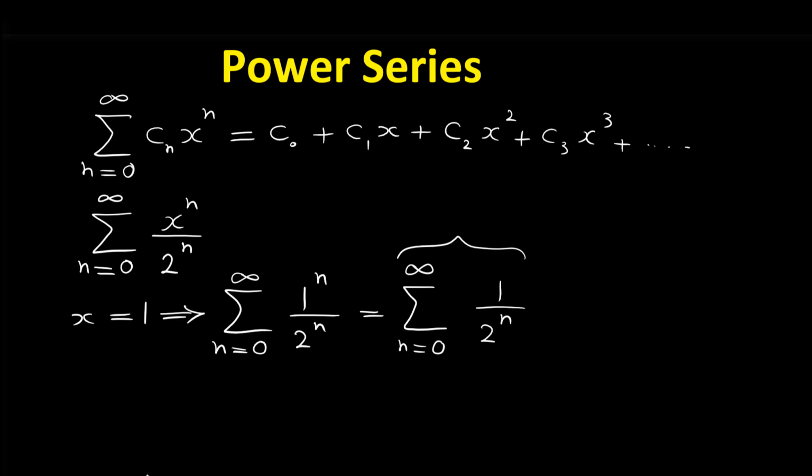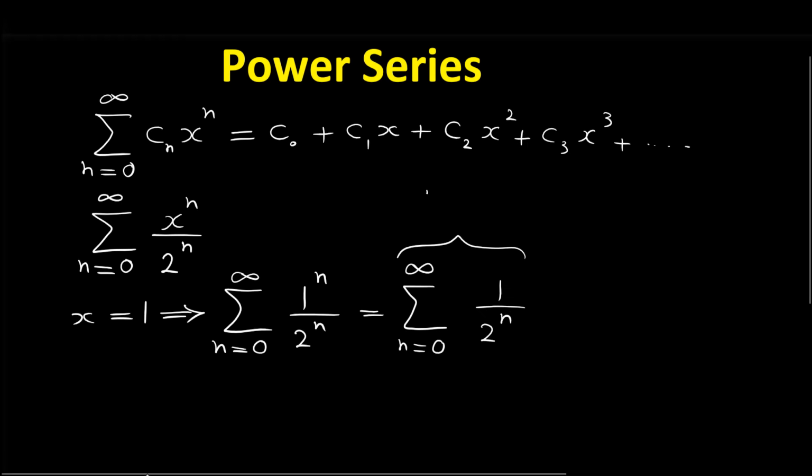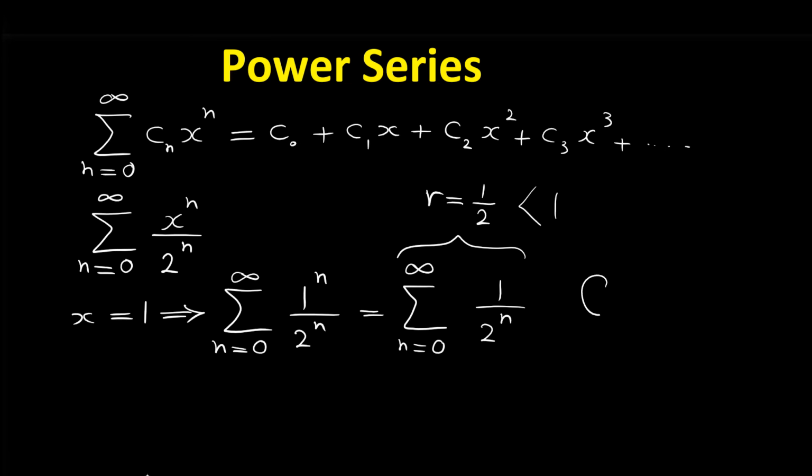This series is a geometric series, whose ratio is 1 over 2. And we know that in a geometric series, when the ratio is less than 1, the geometric series is convergent. So for x equal to 1, the power series is a convergent series.